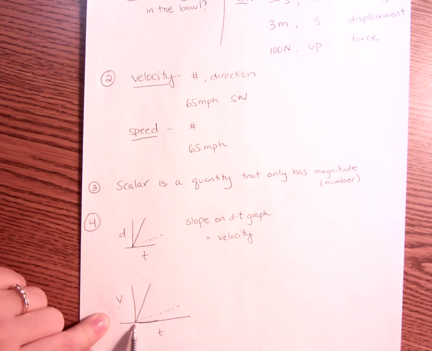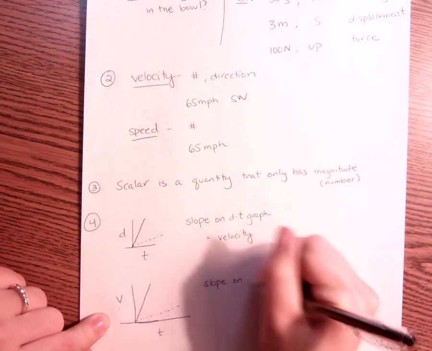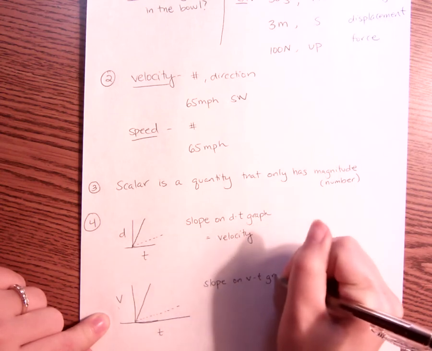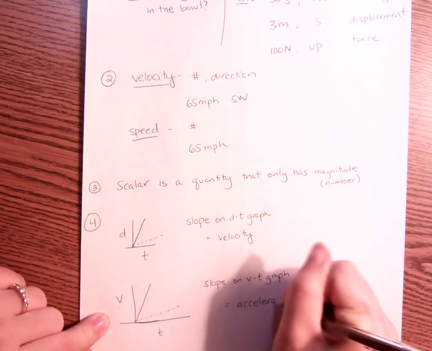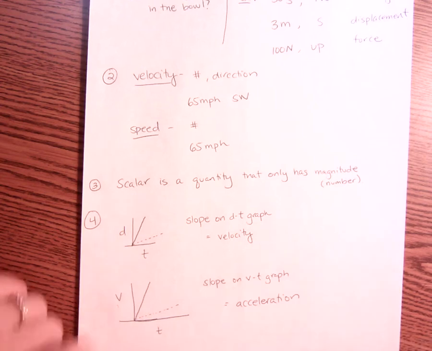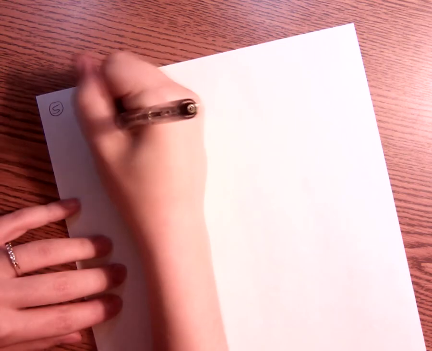For this dotted line, my velocity again starts at 0, but it's changing at a slower rate, right? My velocity is changing at a slower rate. So slope on a VT graph equals acceleration. All right, number 5. Draw a dt graph for constant velocity, zero velocity, and acceleration.